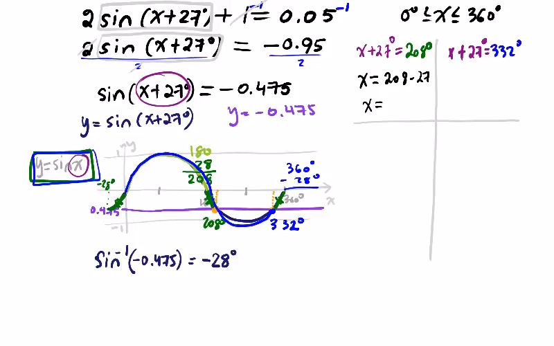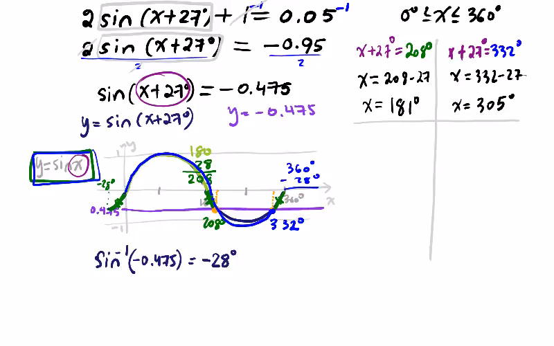What we get there will be 181 degrees. And same with the other one, subtract 27 from both sides and we get 305 degrees. This is all rounded to the nearest whole degree just to facilitate the workings here.